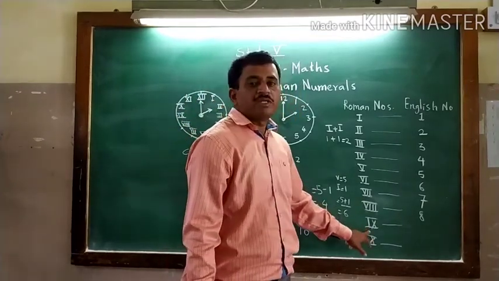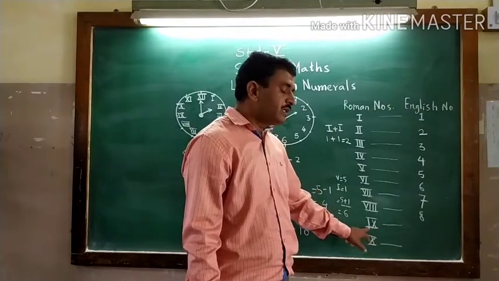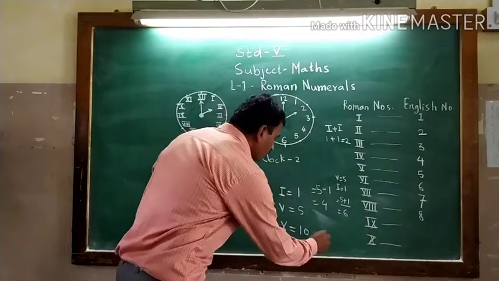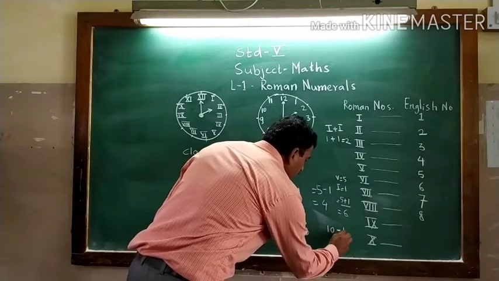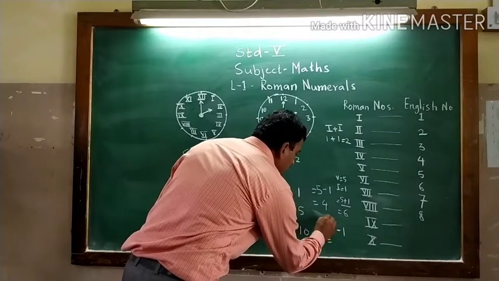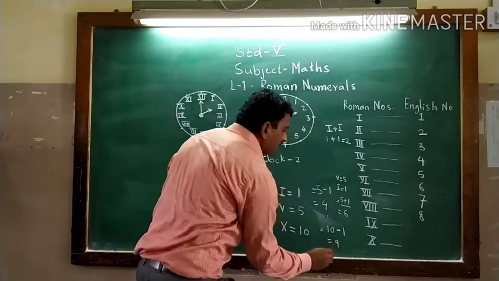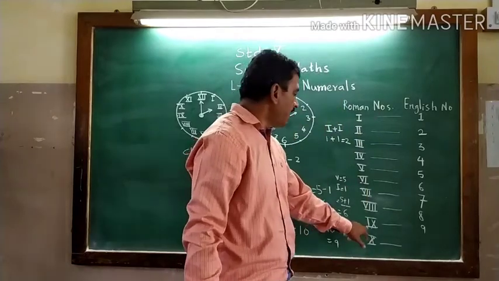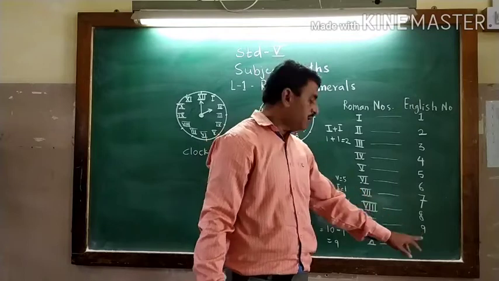So, I is placed on the left side of this X. That's why it gets subtracted from the value of X. So 10 minus 1, it becomes 9. So value of this IX becomes 9.